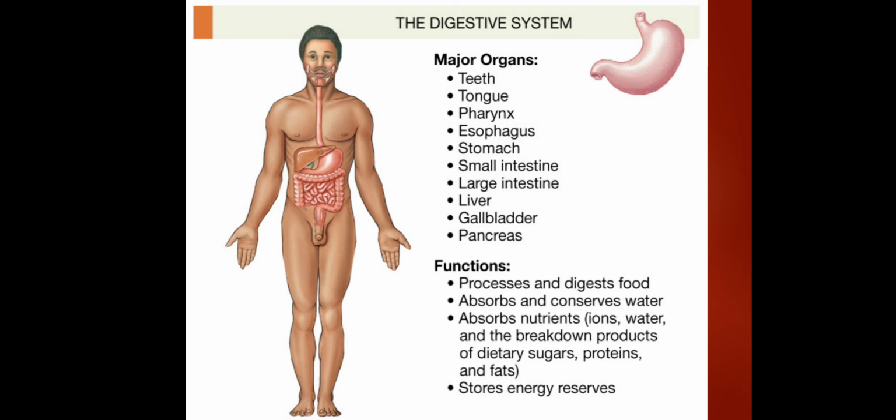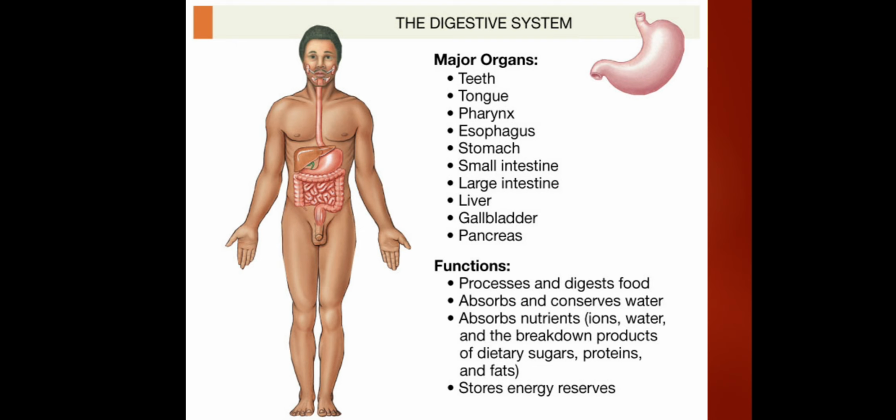Digestive system, from the name itself, it is focused on digestion. What are the major organs for the digestive system? We have teeth, tongue, pharynx, esophagus, stomach, small intestine, large intestine, liver, gallbladder, and pancreas.